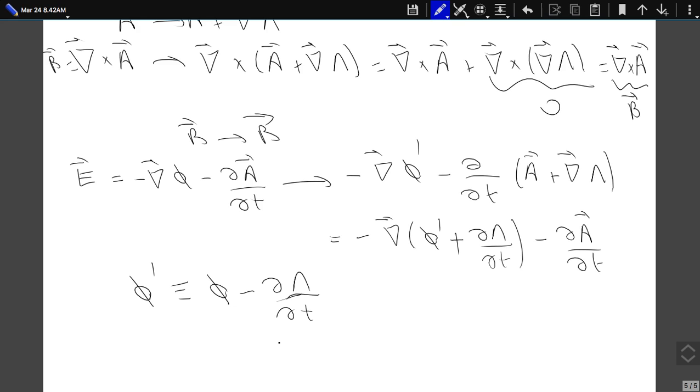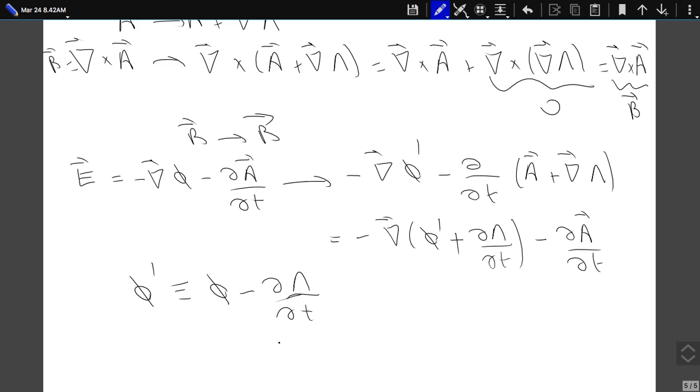Well, if this is 0, let me put A and phi in terms of A0, phi 0, and lambda. So this tells me that the divergence of A0 plus mu epsilon del phi 0 by del t plus the Laplacian of lambda minus mu epsilon del squared lambda by del t squared should be equal to 0.